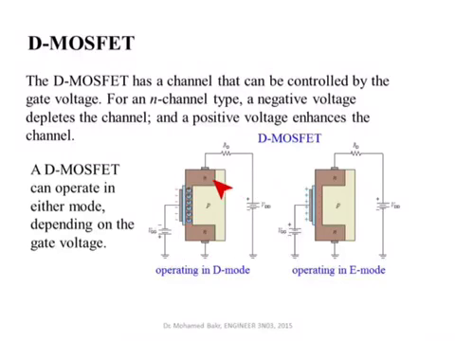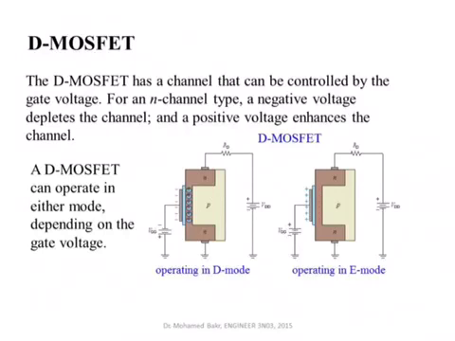This is an N-type D-MOSFET called depletion type MOSFET, and the name comes from the fact that we are trying to deplete an existing N-type region. So this is an N-type material, we try to deplete it of electrons. Thus the name depletion MOSFET, depletion metal oxide semiconductor field effect transistor.